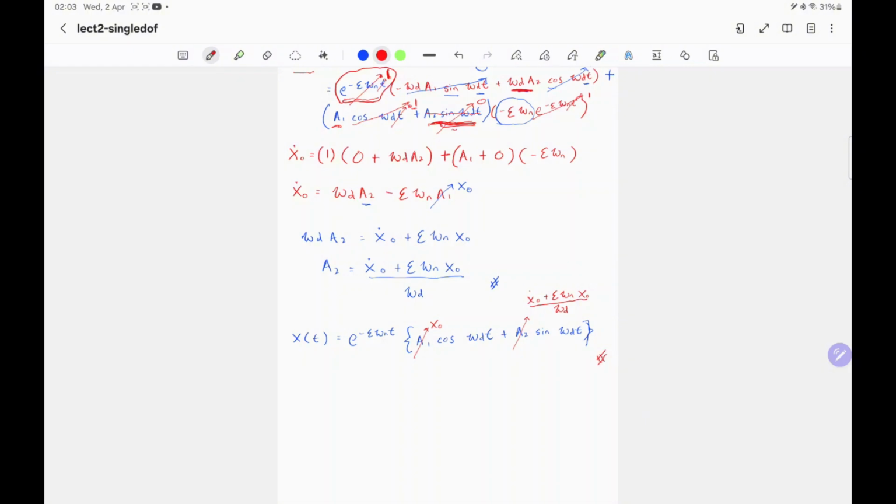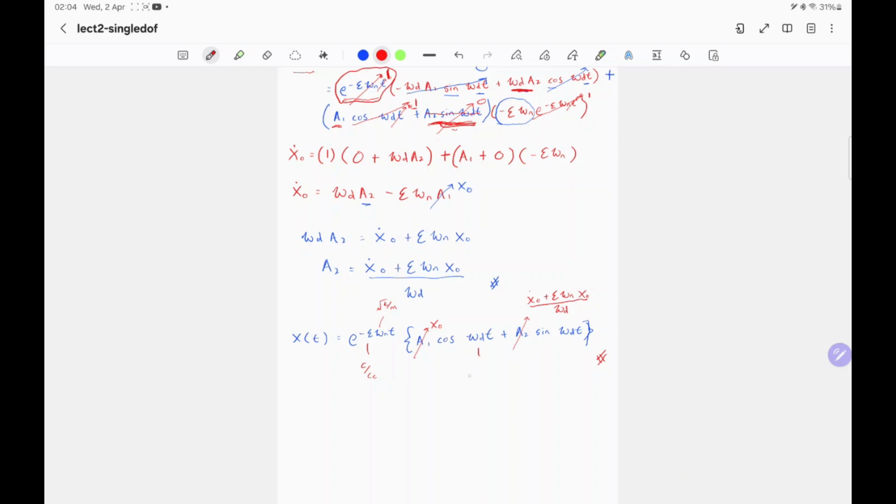Try it on your own and check whether you can get the same answer or not. Omega n you can get from the square root of k over m. Zeta is c over c c.